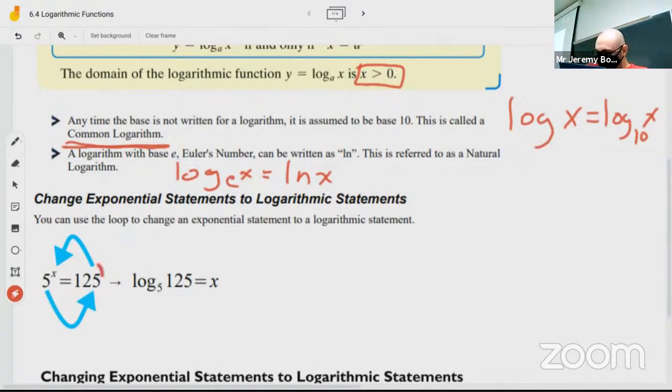In this exponential equation, our base is 5. That's still going to be our base of our logarithm here, okay? But what we're going to do is say log base 5, draw my circle, of 125 is equal to x.